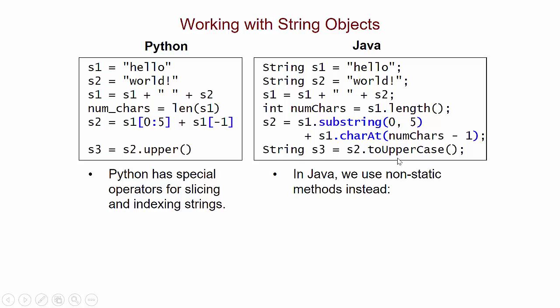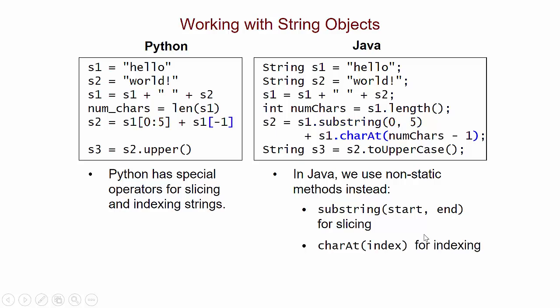In Java, there are no special operators for those things. Instead, you again need to use non-static methods. The substring method takes two parameters, the start index and the end index, but the slice, similar to what we saw in Python, is not going to include the character at that end index.